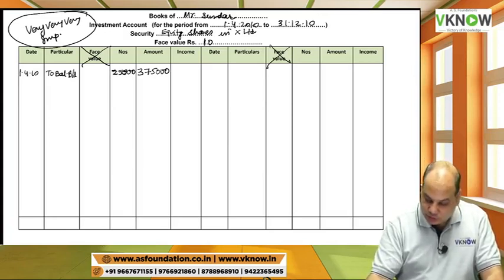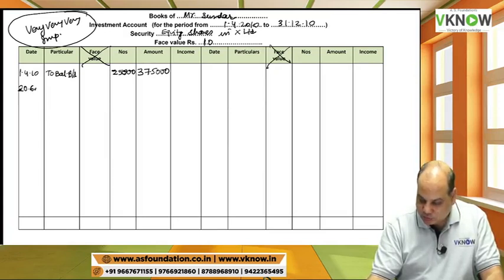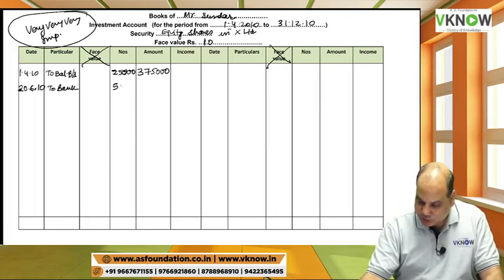The next transaction is on 20th June. We have to write down to bank: 5,000 shares were purchased at the rate of 16. Make it 80,000.